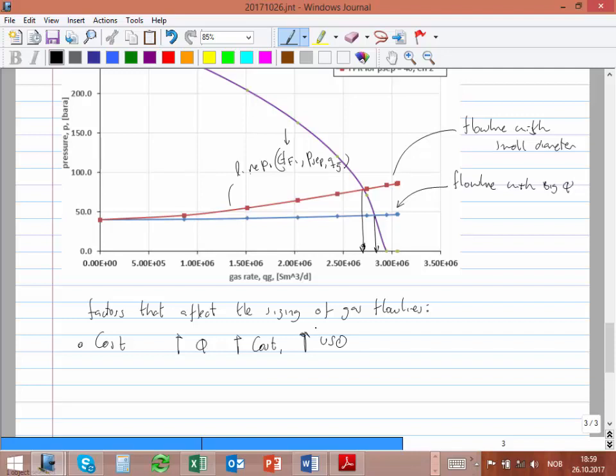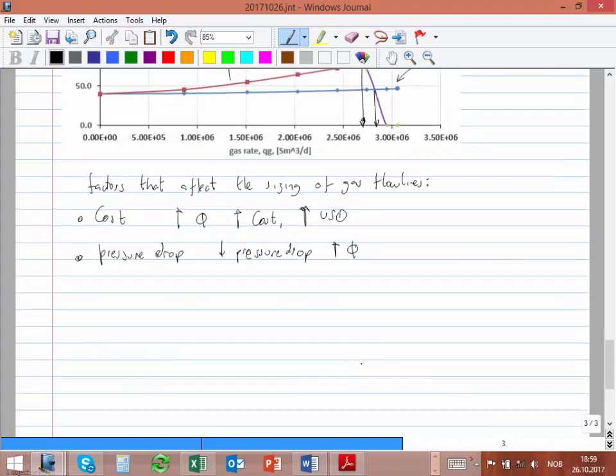You also want to reduce the pressure drop, and because of that you say, well, a bigger diameter will give me less pressure drop.